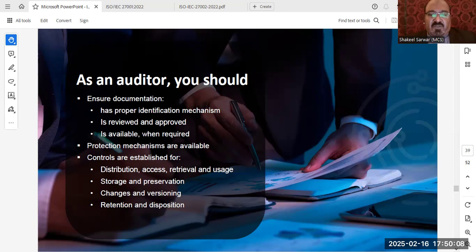It also prevents unauthorized changes. Documents are available when required: access to documents should be ensured when needed, especially during critical operations or audits. This is part of ensuring availability under the CIA triad, confidentiality, integrity, availability, in ISO 27001.